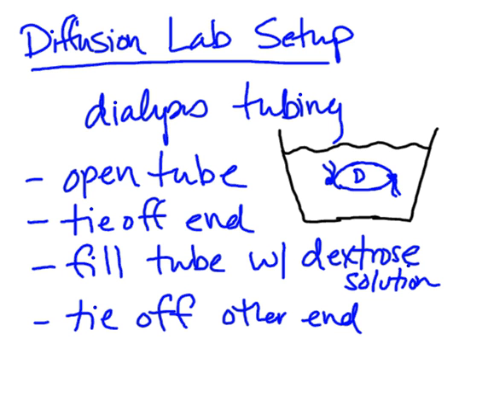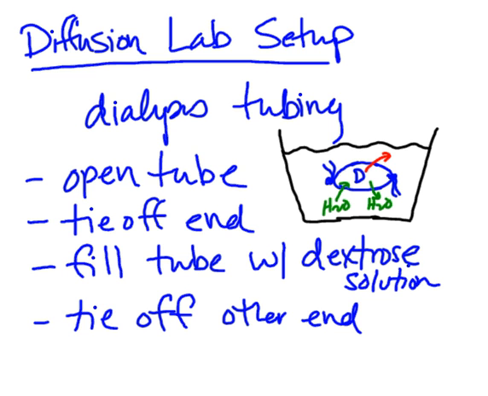Then we're going to see if water is going to be moving into the cell, or is water going to be moving out of the cell, or is the dextrose actually going to be moving out of the cell. So we're going to determine the permeability of this dialysis tubing, as well as the rate of diffusion, whether it's the dextrose leaving, or the water leaving, or the water going in. And you'll be able to tell what's leaving and what's coming in based on your data collection.